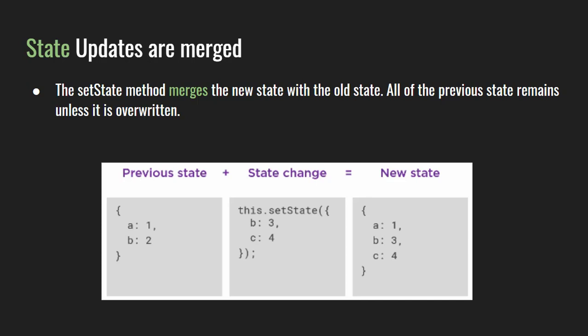We do this.setState, so B becomes 3 and C becomes 4, and now the new state is A1, B3, and C4. So it hadn't overwritten the previous state completely. Just in the other example, we were actually going to overwrite it by not using setState in the right way. So we need to use it in the right way so that setState will merge everything for us. Unless you overwrite it, it'll keep some of that stuff around until you go and clear it out yourself.